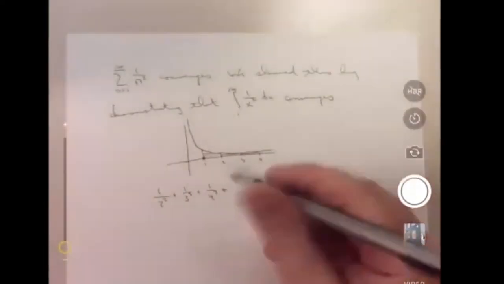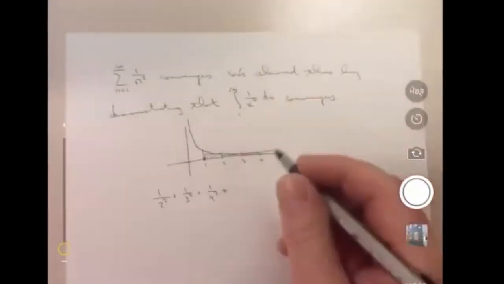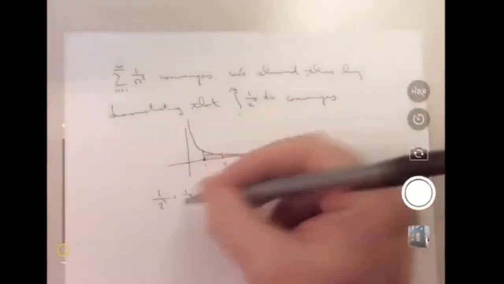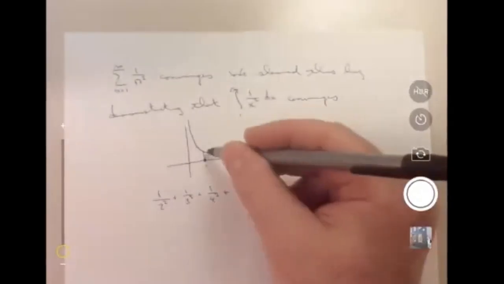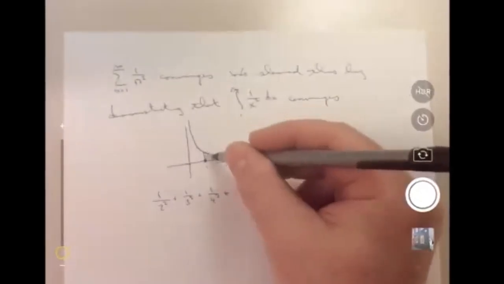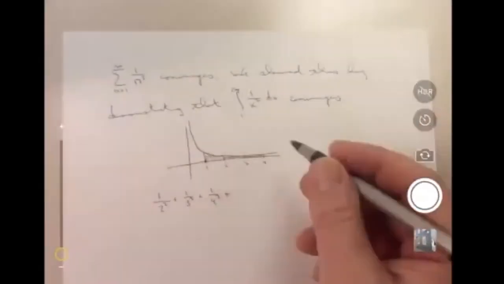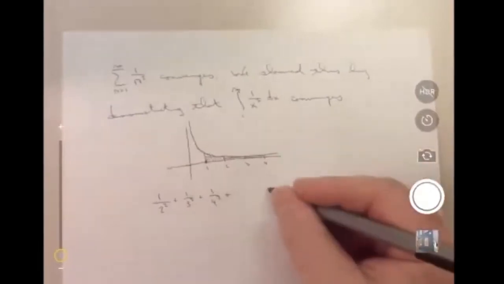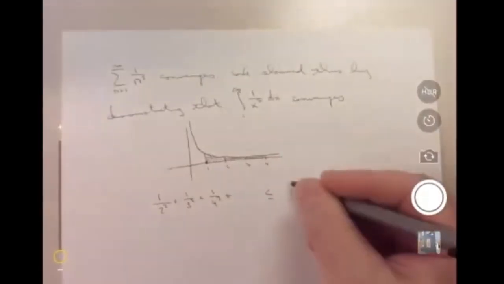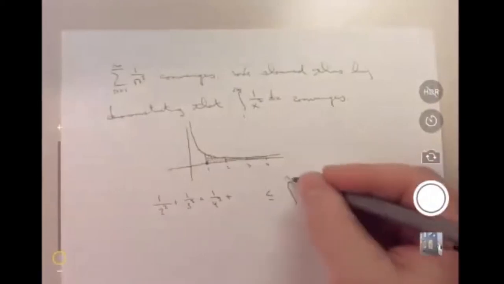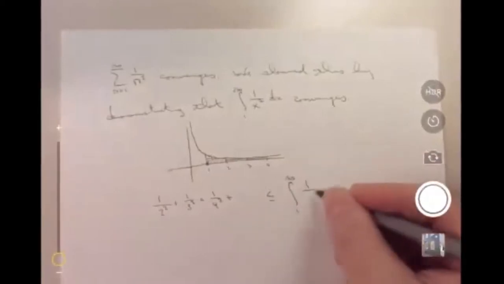Just looking at the picture, we can see that the area of the rectangles together is smaller than the area under the curve from 1 to infinity. So this is certainly no bigger than the integral from 1 to infinity of 1 over x squared dx.